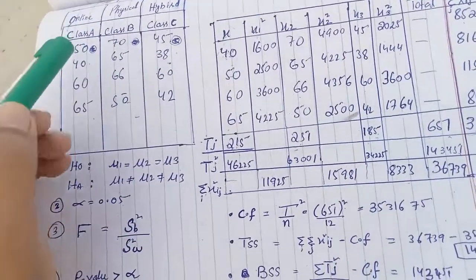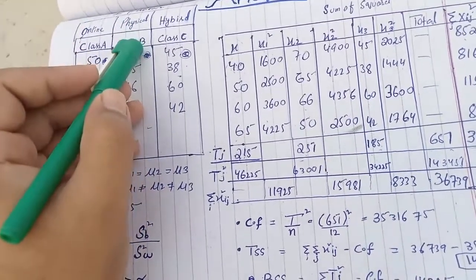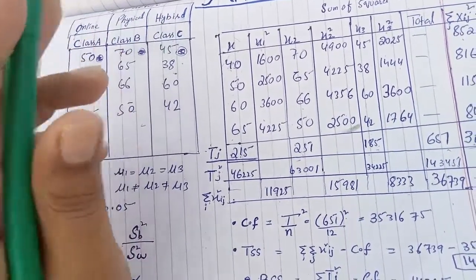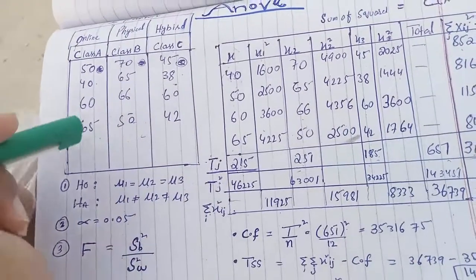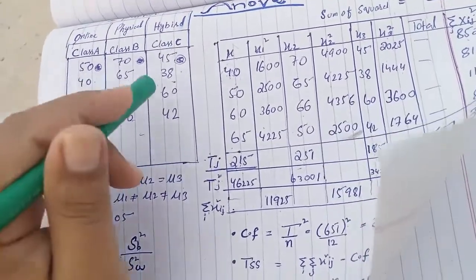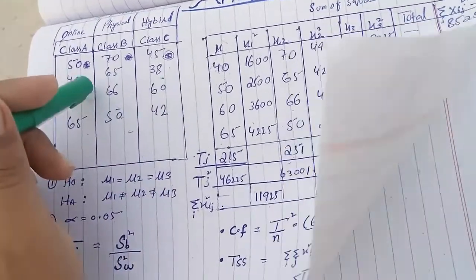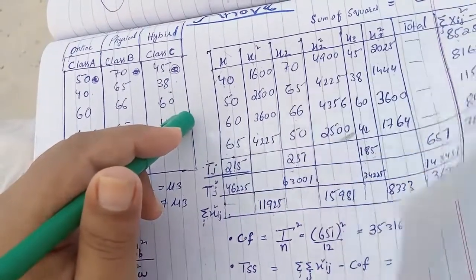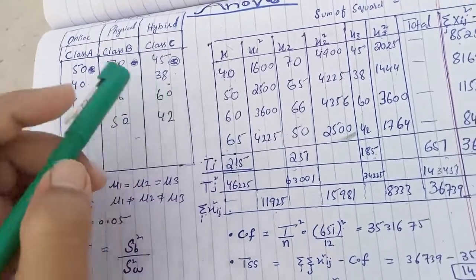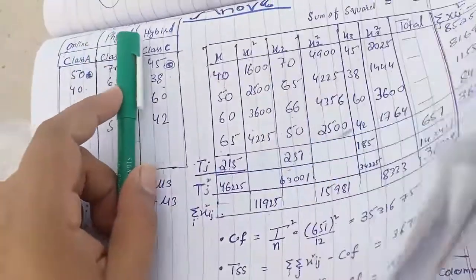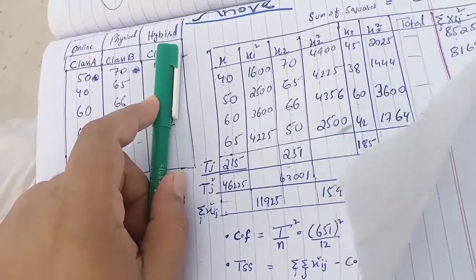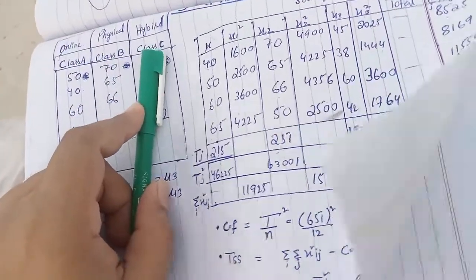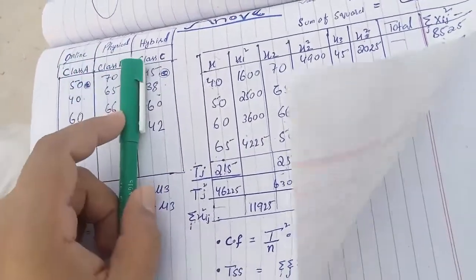If class A is taking the online classes, class B is taking the physical classes, and class C is taking the hybrid classes, we want to see the variations between the samples, between class A, class B, and class C, and this is known as the between sum of square. Between sum of square means we want to see the variation between the samples, where the samples are class A, class B, and class C, right? So this is known as between the samples.